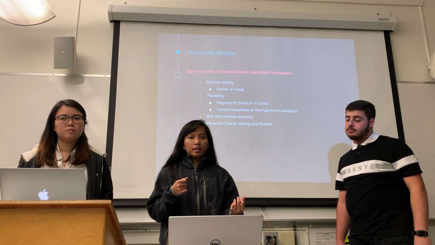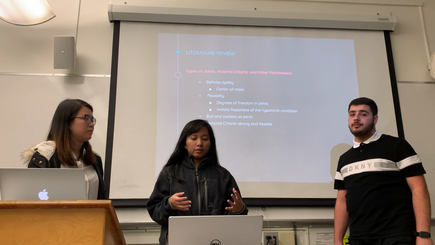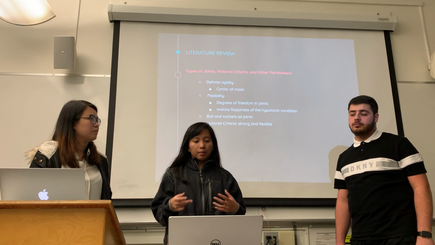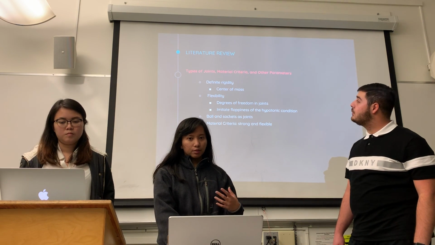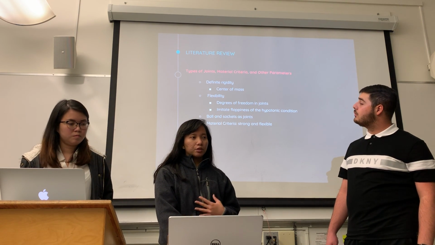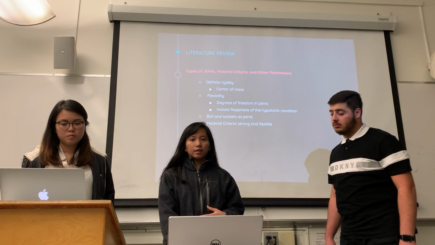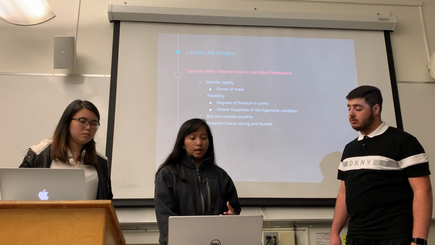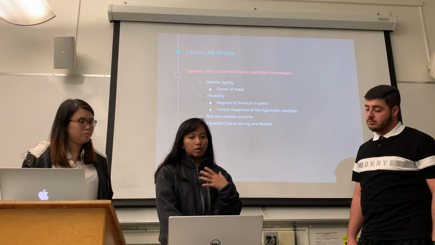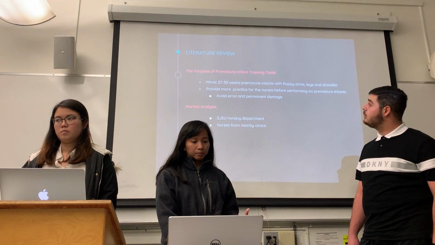And the flexibility of the joints will have a very wide range of degrees of freedom, and it will imitate floppiness for babies with the hypotonic conditions. And for our joints, we want to use ball sockets because that will ideally give us the degree of freedom that we want. And we want the dummy overall to be strong but flexible.